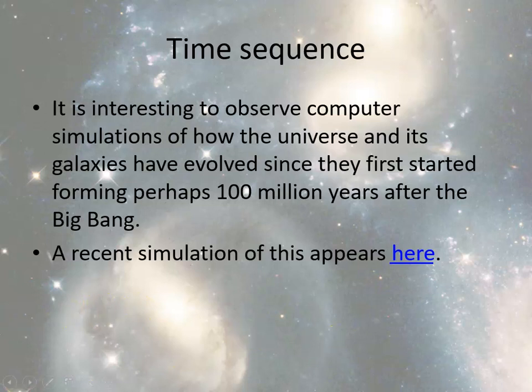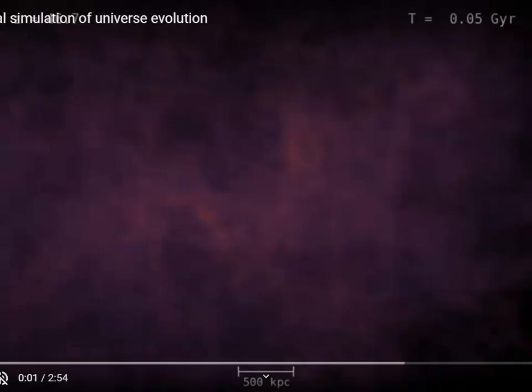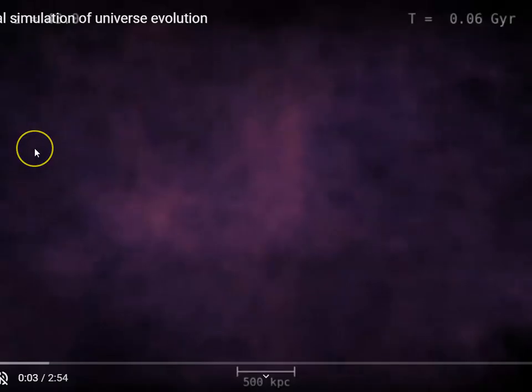So in this case, we're starting from 50 million years after the Big Bang, and you don't have any stars or gas or anything like that. So I'm going to play this. This will end our video for the day. So once this ends up playing, here we go.